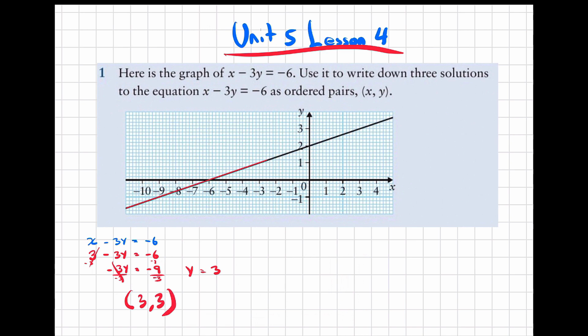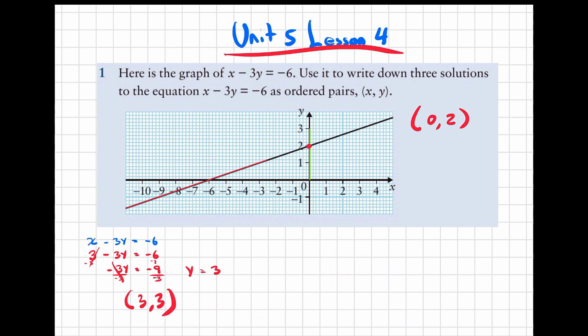Okay, now we've already done 3, 2, and 1. Well, what about 0? So if I go from 0 and I go straight up, it actually looks like right at that point it crosses through the 2. So I would then sort of theorize that at 0 in the x, it should be 2 in the y.